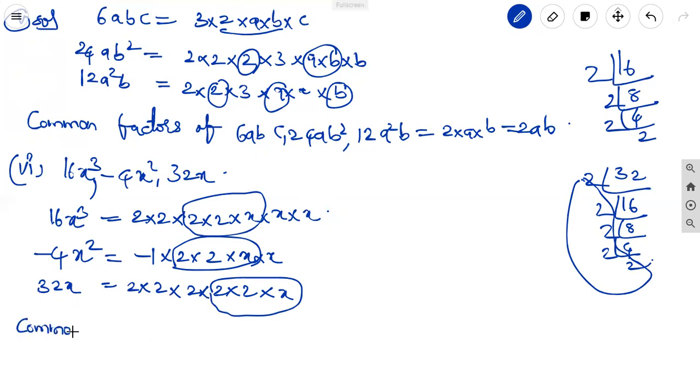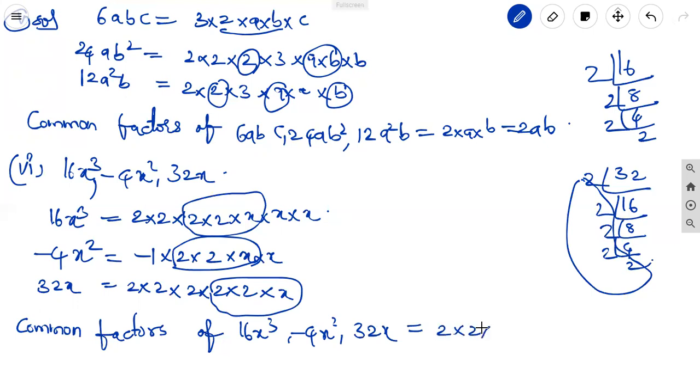So the common factors of 16x cube, minus 4x square, 32x equal 2 into x, that is 2x. Okay. Next.